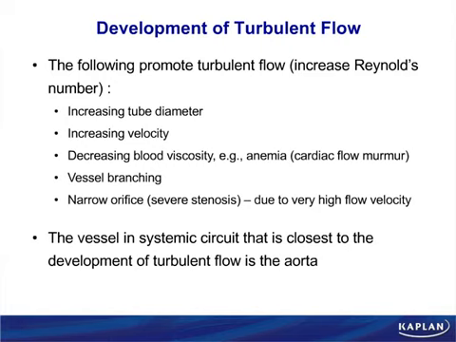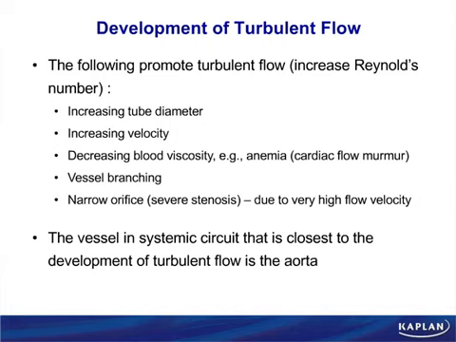So big tube diameter, high velocity, and low viscosity, like anemia. If we think about anemia and the aorta, remember we said the aorta is a big vessel and it has a high velocity because it has a low cross-sectional area. So if someone becomes anemic and viscosity goes down, then they're much more likely to develop turbulence.